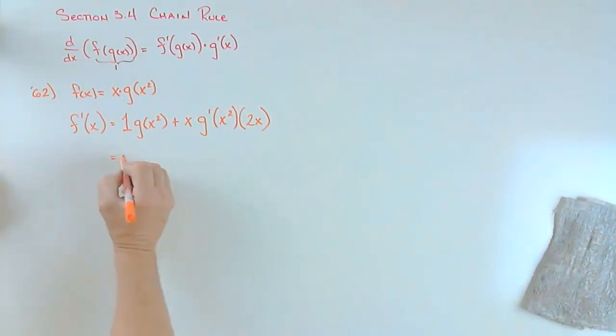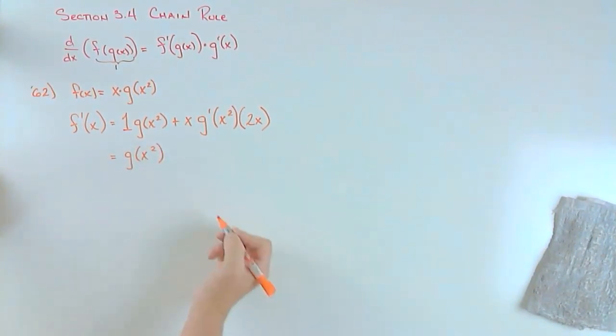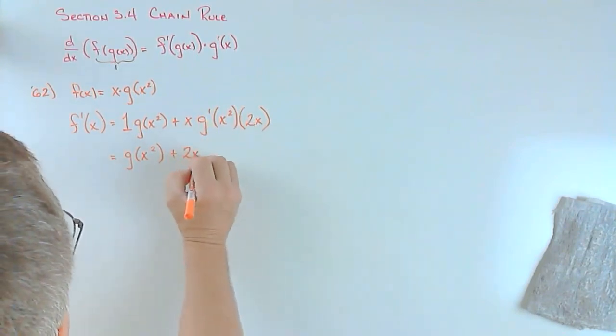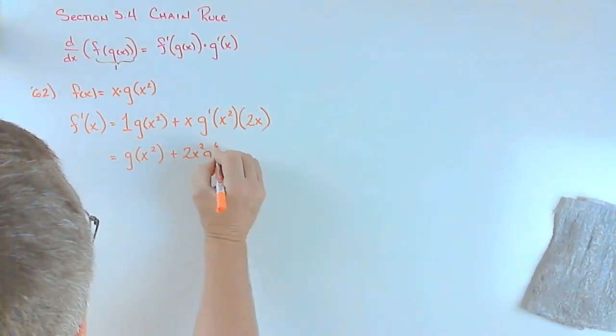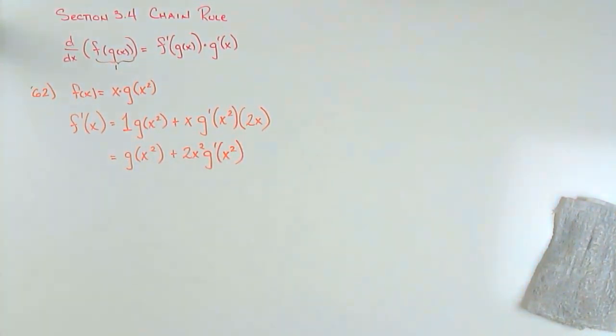So what do we have for f prime? We have g of x squared, right? g of x squared, plus, and if we multiply this out, we have 2x squared g prime of x squared. Now, I don't know what g of x squared is. I don't know what g prime of x squared is. That's my first derivative. How do I find my second derivative?